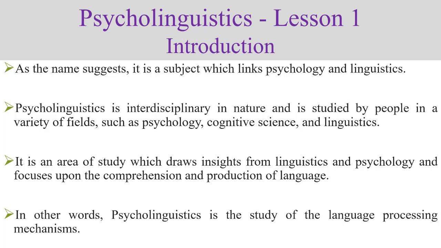So the main topics in psycholinguistics are language comprehension and language production. In other words, psycholinguistics is the study of the language processing mechanisms. So it studies the mechanisms that are involved in language processing.